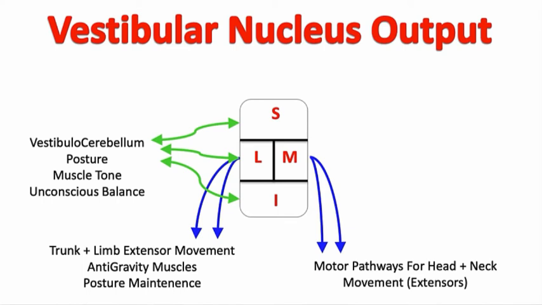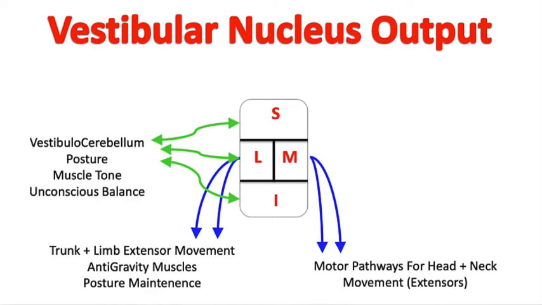The backwards movement that we have for the vestibular nuclei, three of them, the superior, lateral, and inferior, send messages via the vestibulocerebellar tract. These are responsible for posture, muscle tone, and unconscious balance. The vestibular nuclear output that goes up goes via the vestibulocerebral tract.